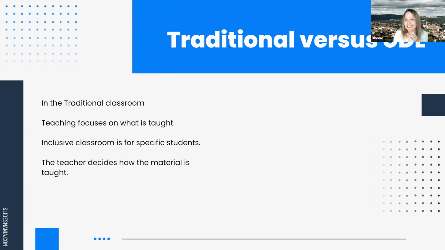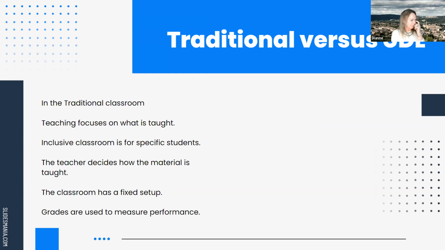The teacher decides how the material is taught. The classroom has a fixed setup. And I'm sure this is resonating with some of us. This may have been our traditional classrooms as we were growing up. This might be what we experienced when we were children. And grades are used to measure performance. Yeah, so that's that quantifiable grade at the end.